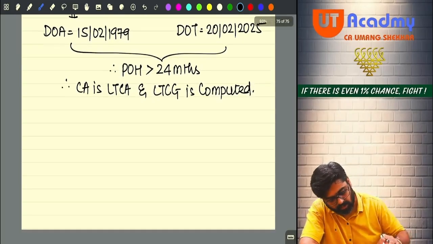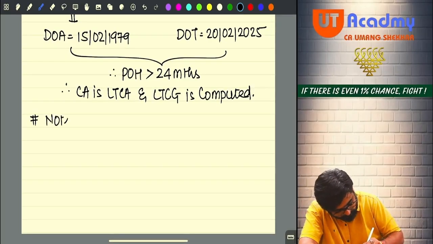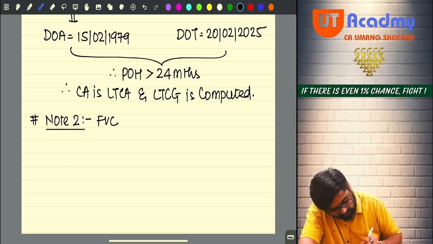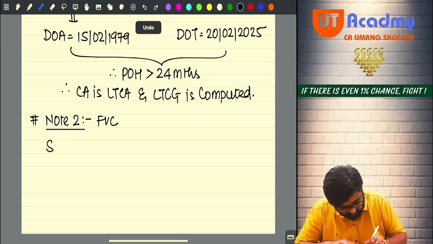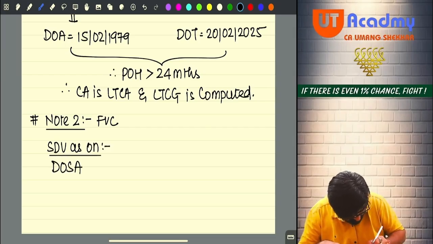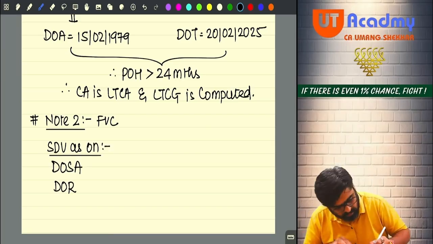Now coming to note number 2. Note number 2 is very important because FVC will be calculated here. Note number 2: Determination of full value of consideration. So I will first write down the stamp duty value as on DOSA and DOR, date of sale agreement and date of registration.